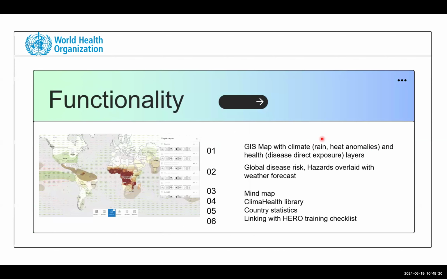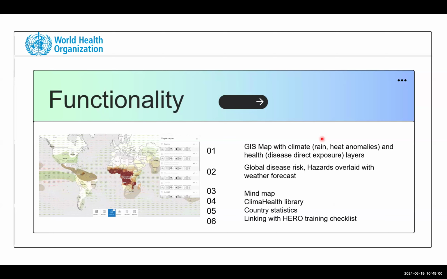So the functionalities of the platform itself, which everything is built around the GIS component, which is different layers of data related to heat anomalies, rain, overlaid with the disease risk exposure layers, and also looking at where the emergencies are happening in terms of the health cluster presence around the world. We will also be overlaying data on the different hazards that would be available on this.